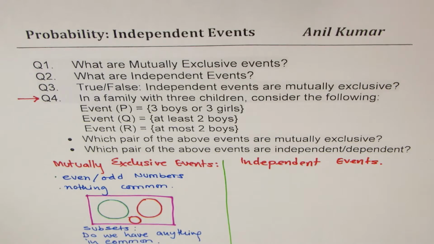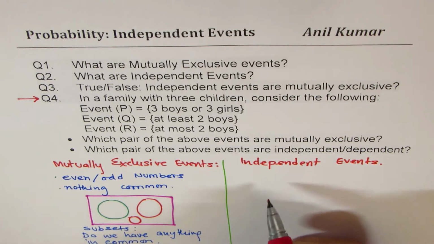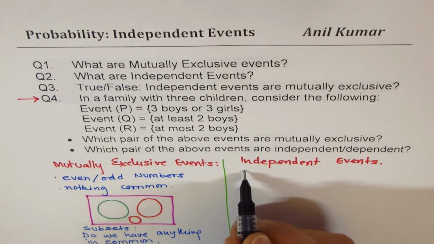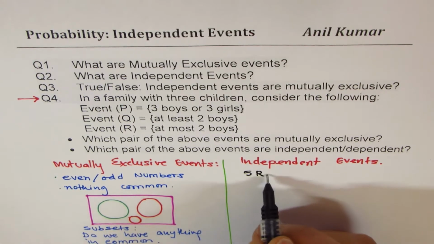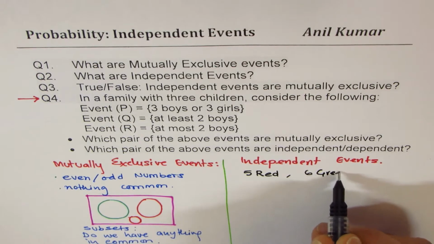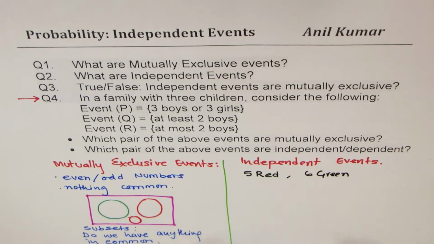What we explained was that, let us say if we have some red balls and some green balls, so we'll take up the examples which are so common, repeated all the time. Let's say we have 5 red balls and let's say 6 green. And in that case, we are talking about two scenarios.